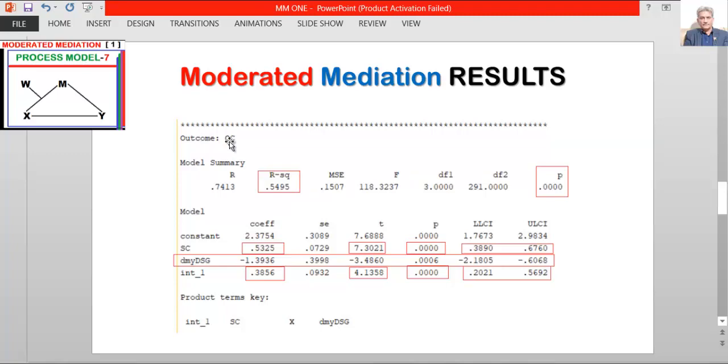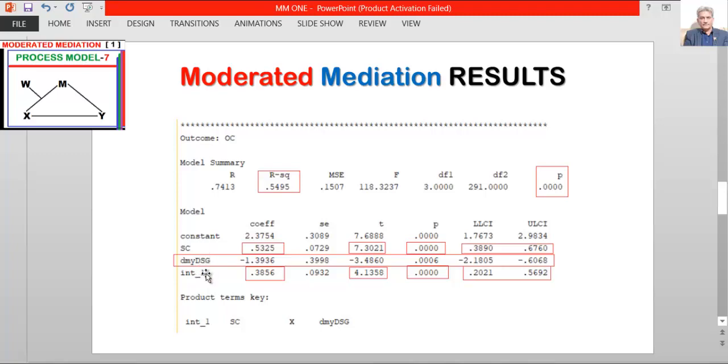Since we have placed the moderator on the X and M relationship, the first output is about the outcome variable organizational culture, and the independent variables include self-confidence itself, then the designation, which is working on the same path, and the interaction term, which we use in computing the moderation effects.